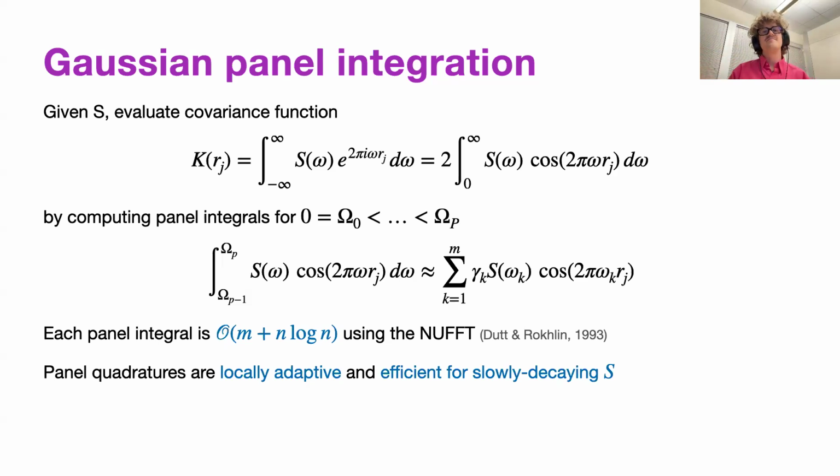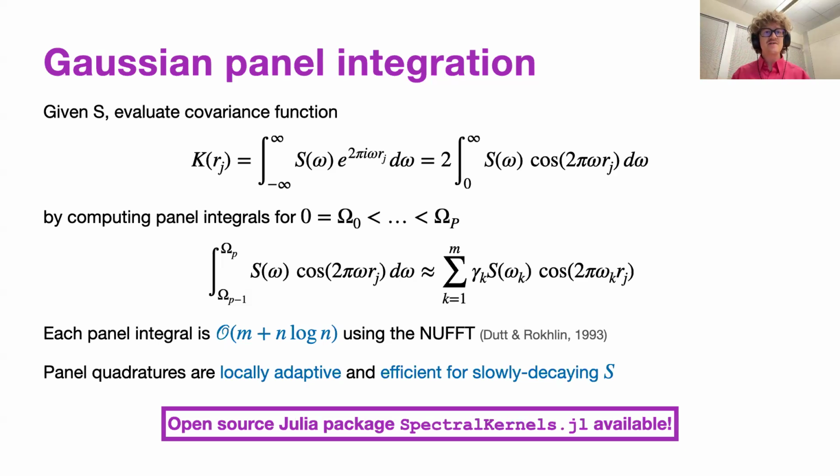If we put these things together, this local adaptivity and some truncation error analysis, we can accelerate these panel integrals with the NUFFT, and this allows us to evaluate our covariance function K at millions of distances r from our spectral model in a couple seconds on a laptop. So this is very much usable code, and we have a Julia package that implements all of this.